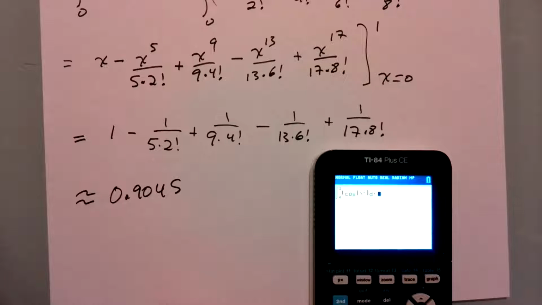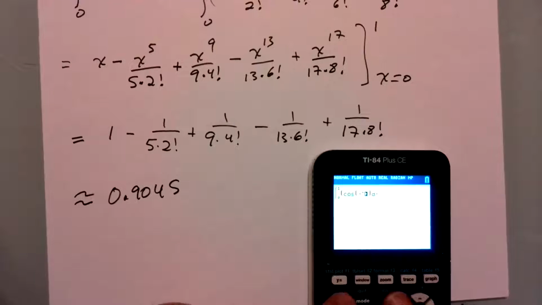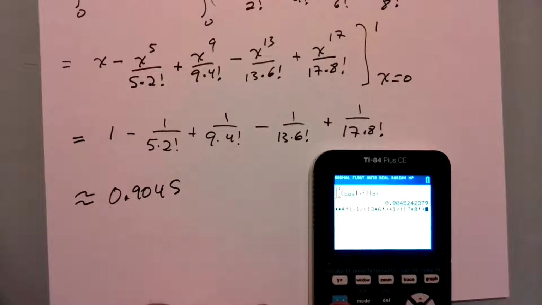Cos x squared dx, there we go. And what do we get? 0.9045. Now, how close was that? What was our previous answer? 0.90452425, and the calculator gives 0.90452423. Very, very good approximation.